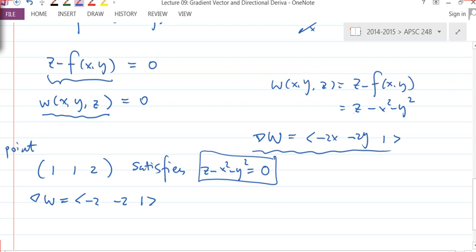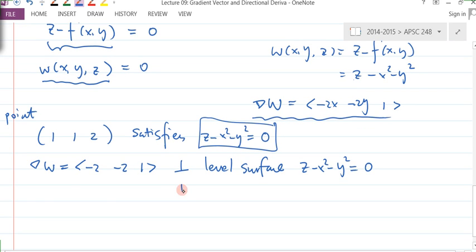According to my theory, this gradient vector is perpendicular to the level surface z minus x squared minus y squared equal to 0. Or, according to the theorem, it is also perpendicular to the tangent plane of this level surface. So you see the meaning here.